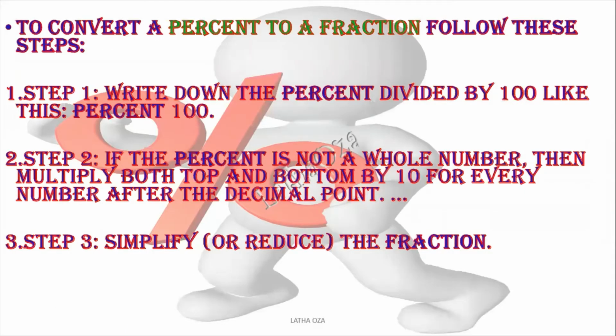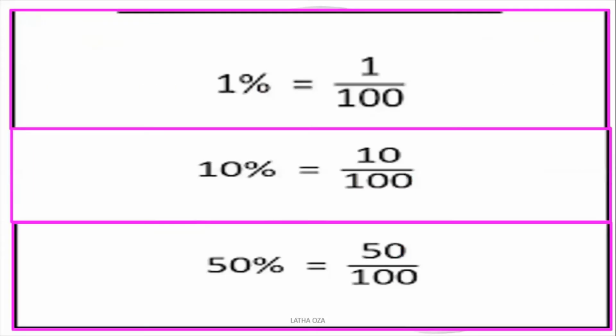To convert a percent to a fraction, follow these steps. Step 1. Write down the percent divided by 100 like this. Percent over 100, okay? Step 2. If the percent is not a whole number, then multiply both the top and the bottom by 10 for every number after the decimal point, and step 3, simply reduce it to the simplest fraction.